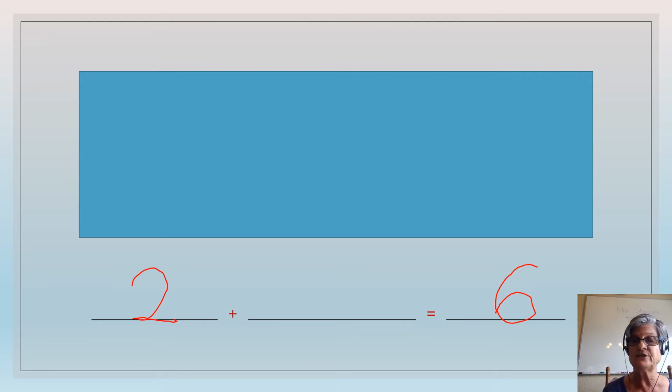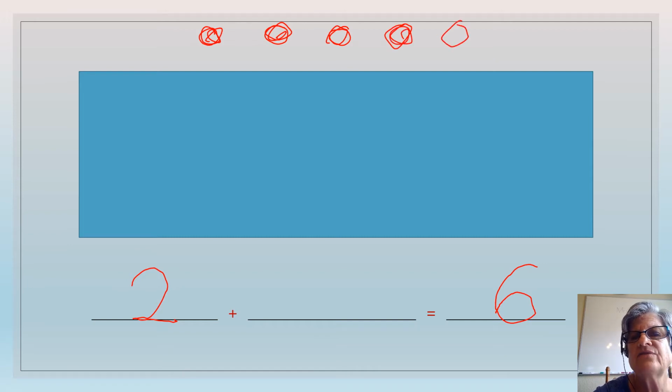Do you see that number 6 at the end? Now, I'm going to make 6 circles above my green carpet, not on top of it. Watch. I'm going to do 1, 2, 3, 4, 5, 6.